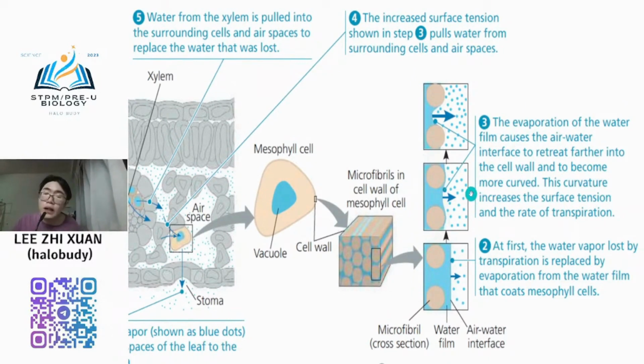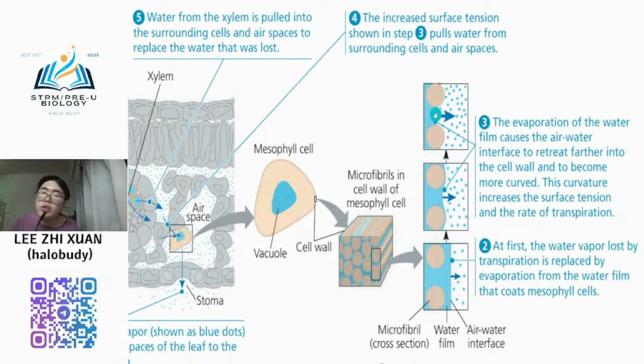Do you still remember what surface tension is, which you learned in chapter 1, the physical property of water molecules? Surface tension is that only the surface water molecules are evaporated out from the cell. The inner part still maintains the liquid phase. Only the outer part will enter the gas phase. This is what we call surface tension.